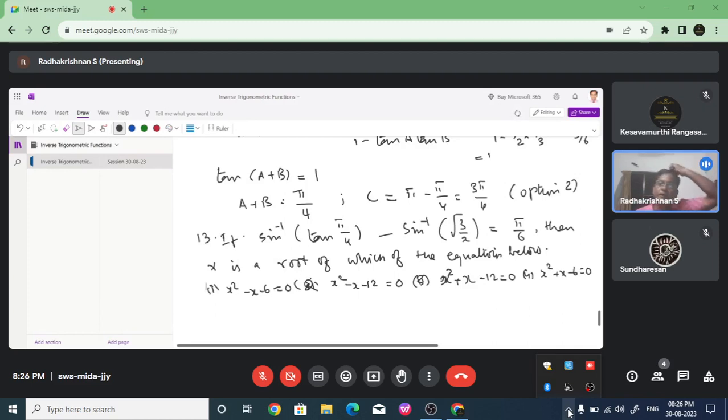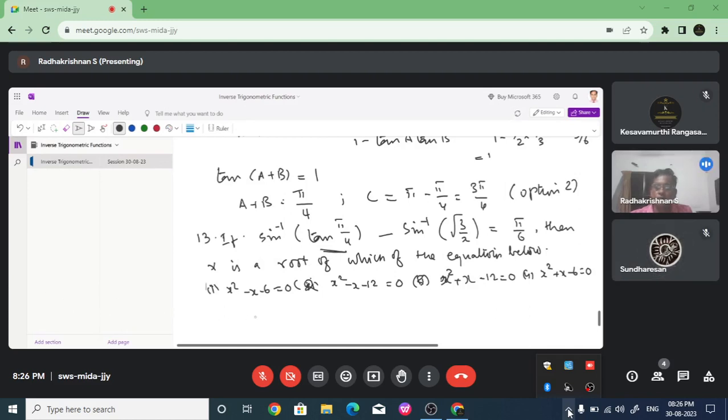So first of all, from the given equation, can we determine x? It looks a bit complicated, but actually it is not that complicated. Because what is tan pi by 4? 1, sir.